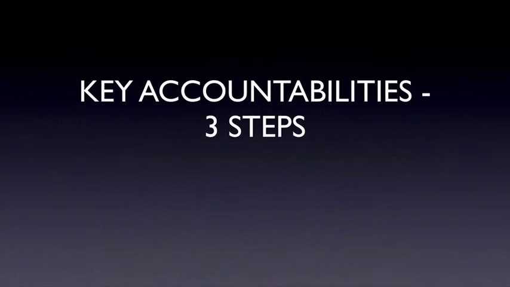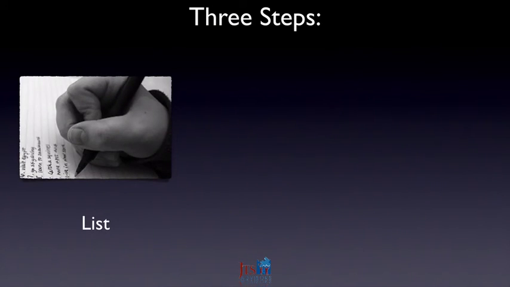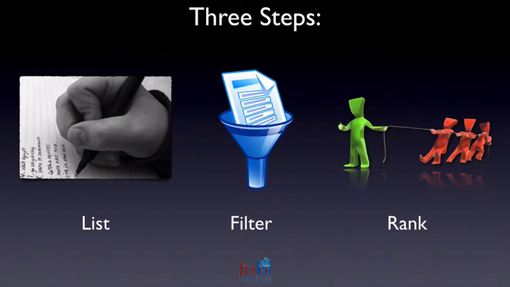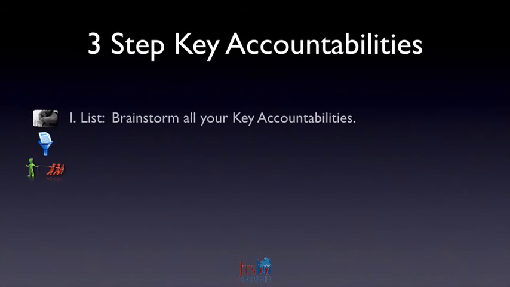So let's cover the 3 steps to actually coming up with and discovering your key accountabilities. The first step is just to make a list. Second, we're going to talk about filtering that list. And third, we're going to rank these accountabilities. 3 very simple steps. So in step 1, the list, you're going to brainstorm all your key accountabilities.